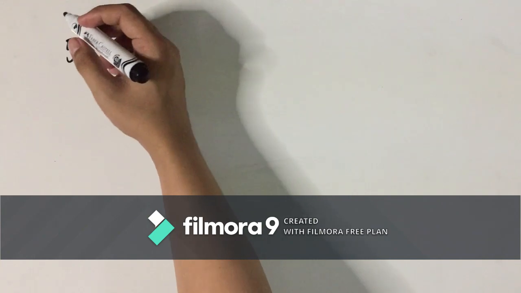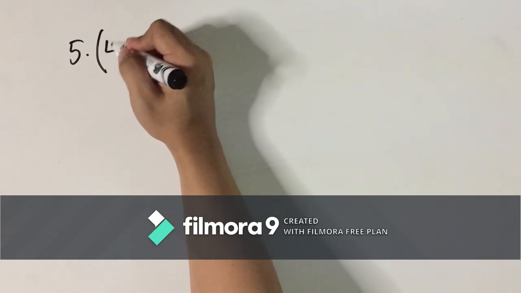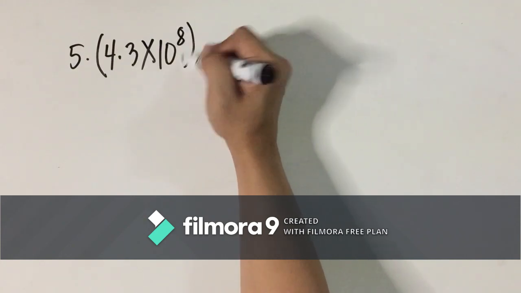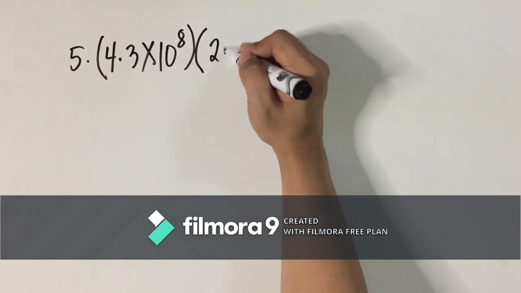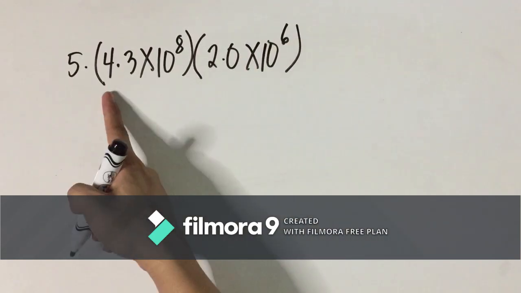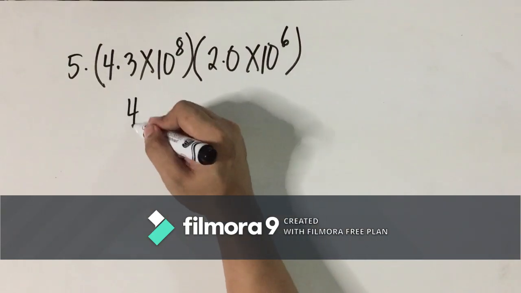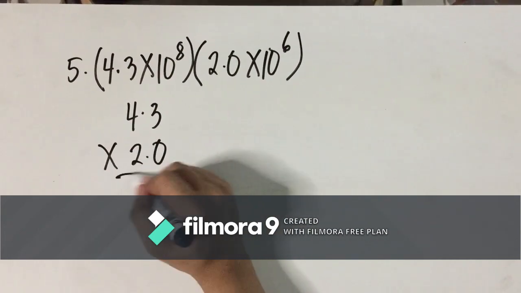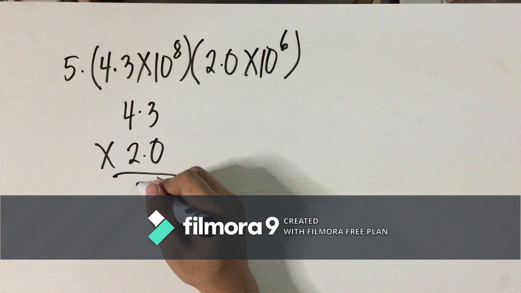Now, for number 5, example, we have this 4.3 times 10 raised to 8. So we have to multiply that to 2.0 times 10 raised to negative 6. So we have to multiply the digit term and add the exponent. So 4.3 times 2.0.